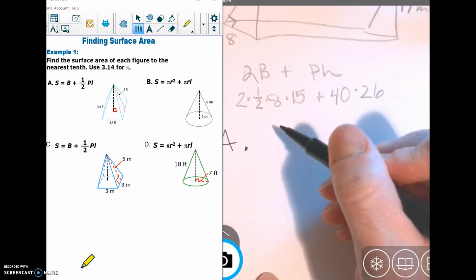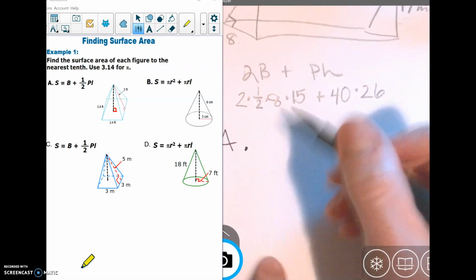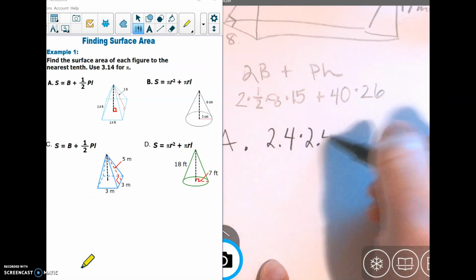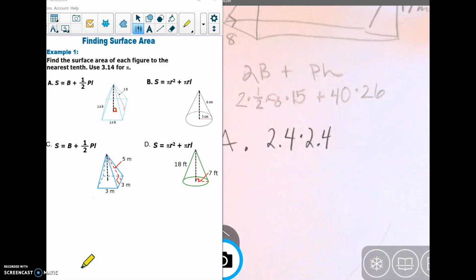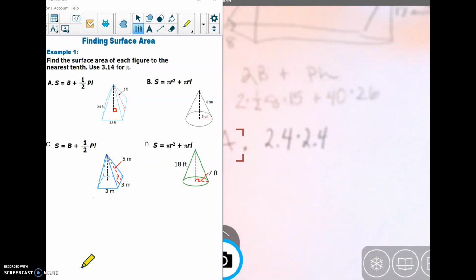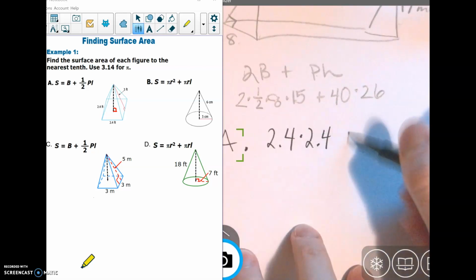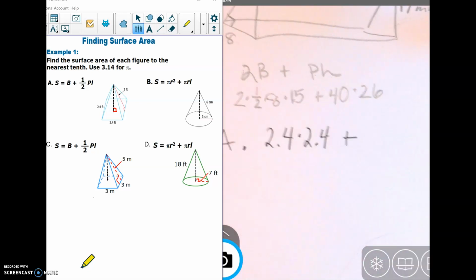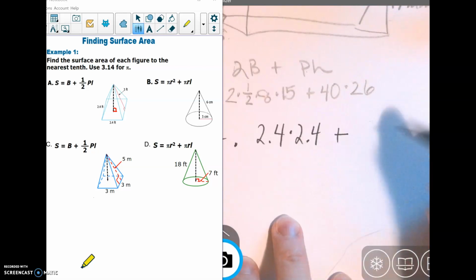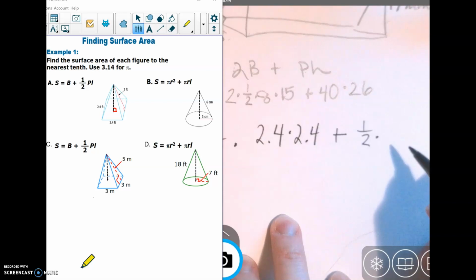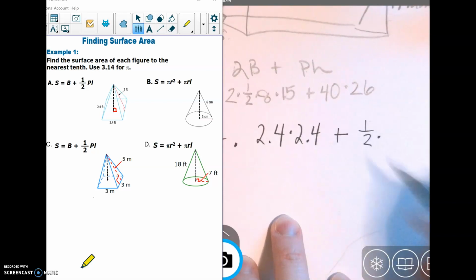So we've got big B, and that is the area of the base, and the base here is a square. Okay, plus, now we're going to do the lateral area, and that would be 1/2 times the perimeter of the base, all the way around the square.